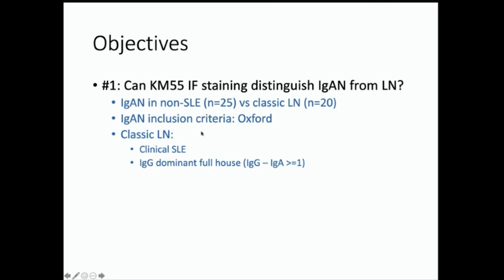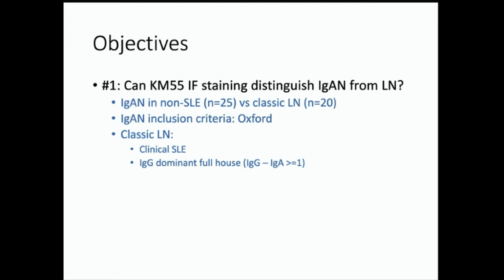The definition for IgA nephropathy, to answer this question, we have to use very clean data. So IgA inclusion criteria, we use the same as Oxford, which means IgA staining in mesangium by IF greater than trace. And then we want to have minimum C1q, less than trace. And then patients clinically do not have lupus. For classic lupus group, the patient got to have clinical lupus nephritis, classic SLE presentation with extra-renal involvement.